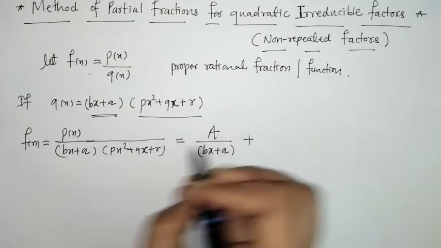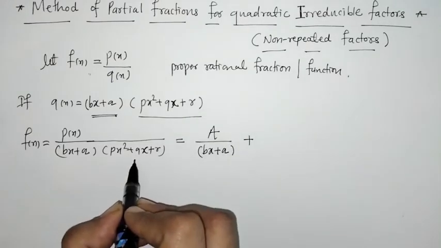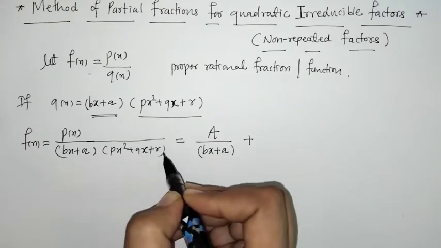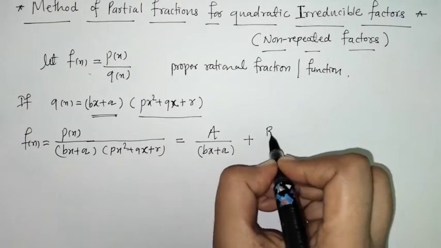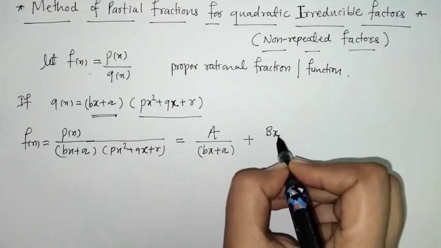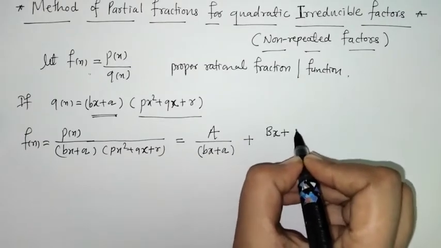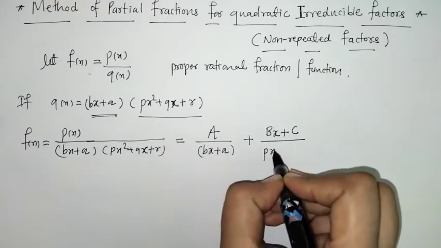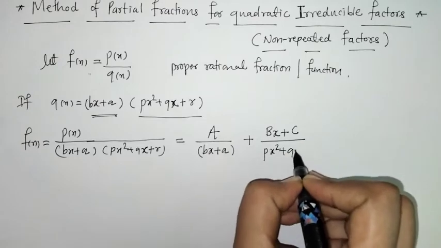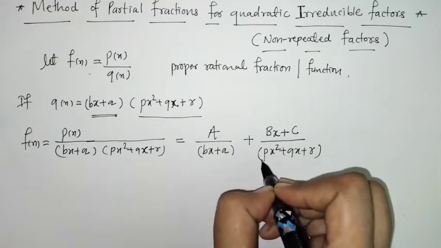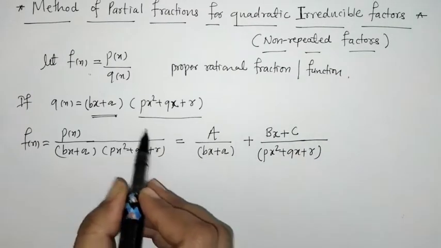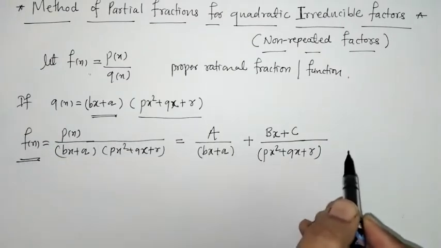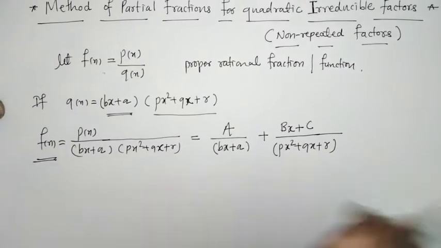Next we have a quadratic factor, so for this we have to take two constants, b and c, and write bx plus c upon this quadratic factor px square plus qx plus r. In this way we resolve f of x in partial fractions.